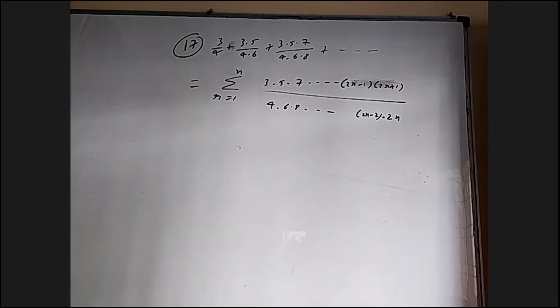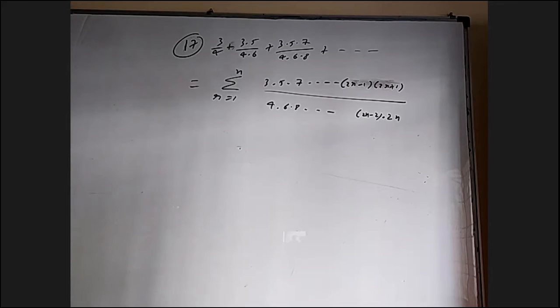Sir, two series you multiplied. The numerator is multiplied another time, sir. 2r plus 3 and multiply 1, sir.